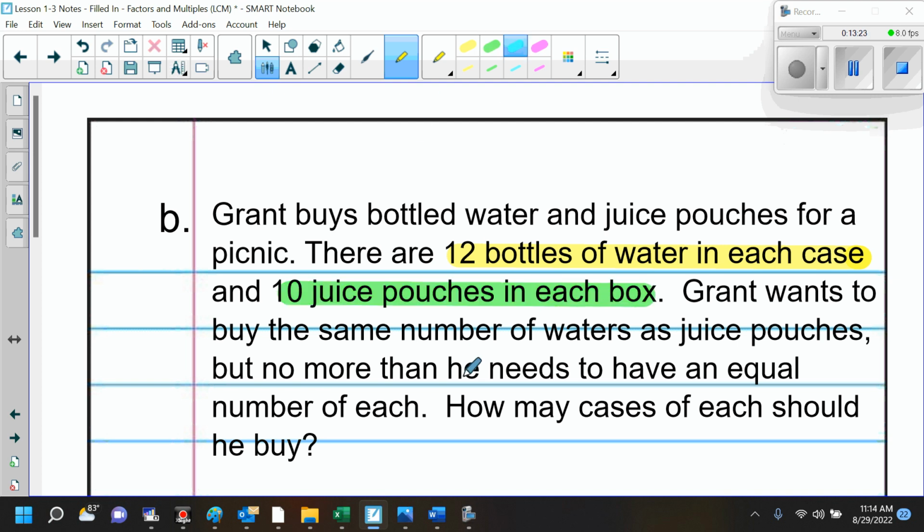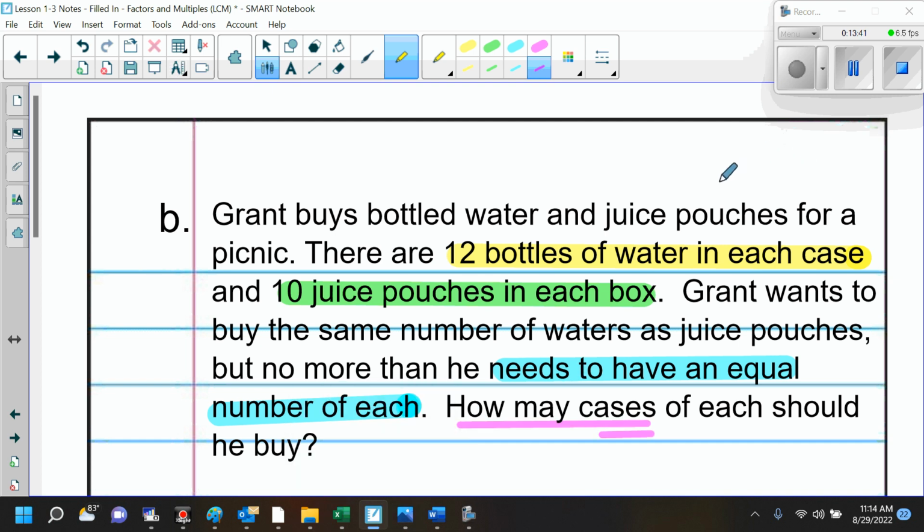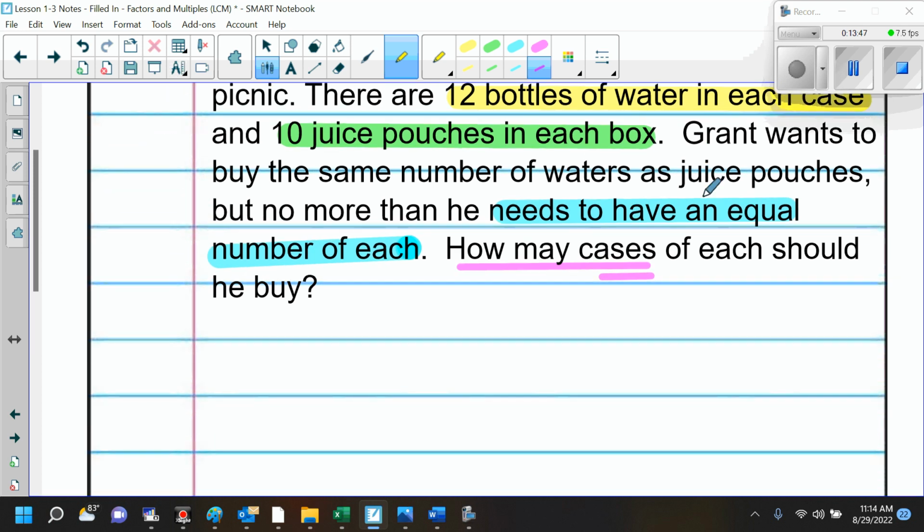We want to know, let's see, he wants to have an equal amount of each, and we want to know how many cases of each should he buy. Okay? So, let's start with 12 and 10. And we want to break those down.